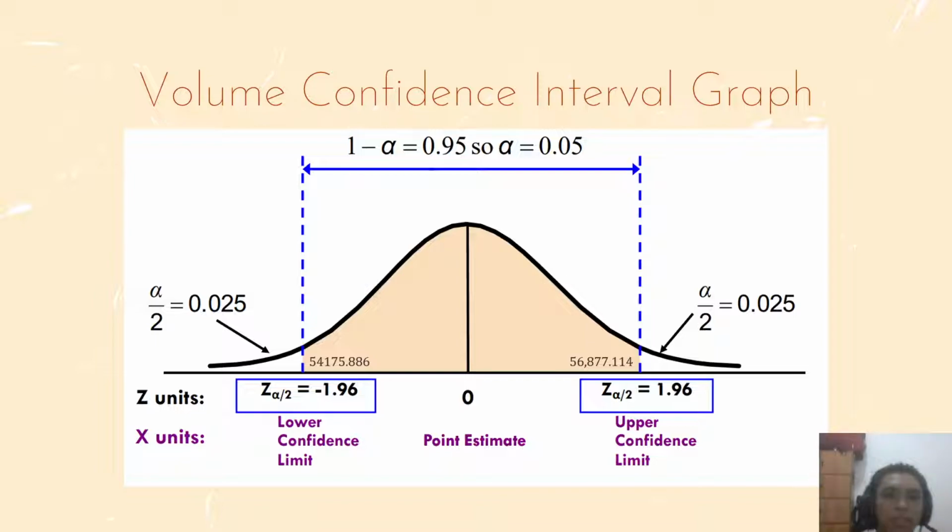And here is the volume confidence interval graph, which, as we can see here, on the left side we have 54,001, and on the right side we have 56,000. So this is actually the point value, and it is different from the critical value, which is always going to be negative and positive.